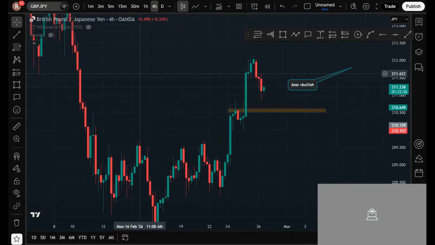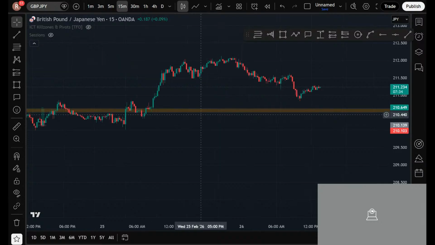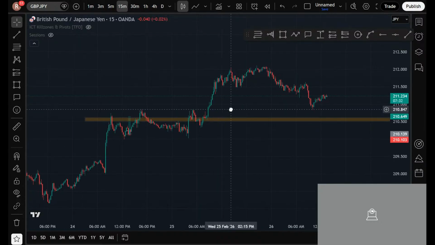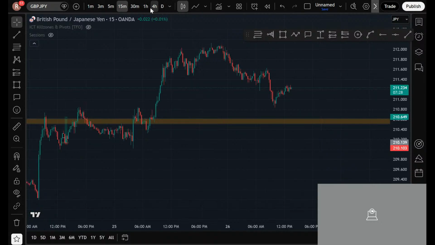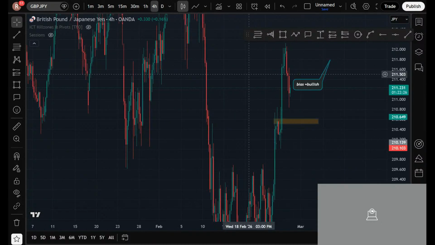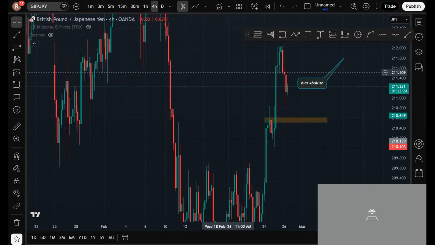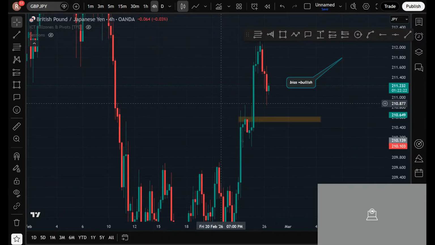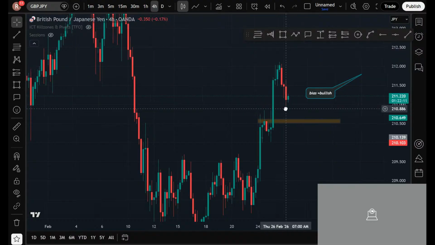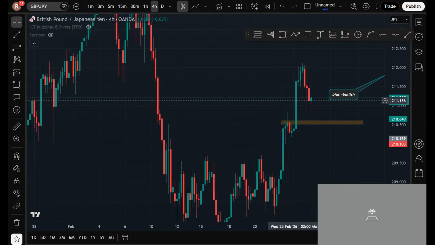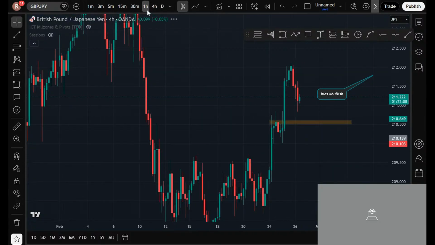So look, what I'm thinking on GBP JPY is, hopefully we can see price trading above. My bias is bullish, right? But by seeing this candle, I feel like this candle will come up to this place, but it also can print bullish.